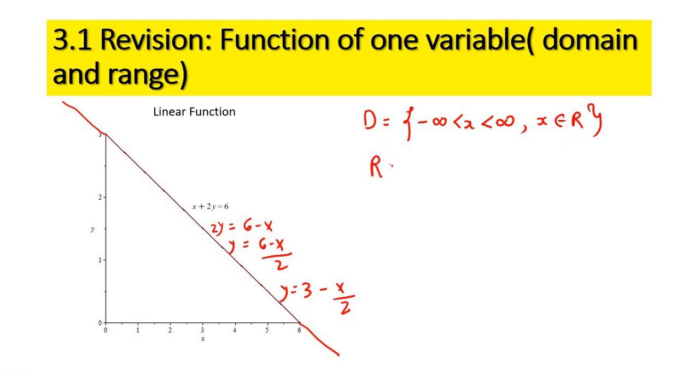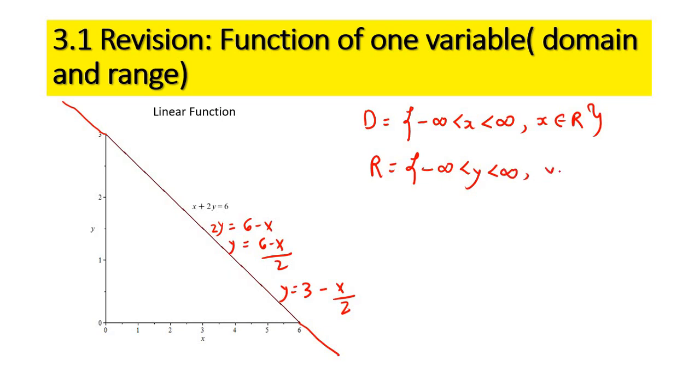How about the range? Range is the value of y. So y from where to where? Don't look at the graph, 0 to 3 only. Does y take up positive values, negative values? So what's the y value? Negative infinity up to positive.